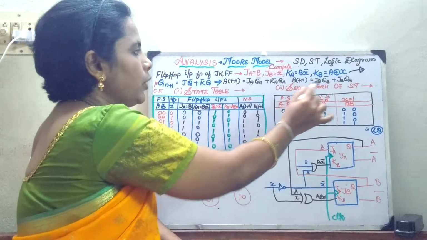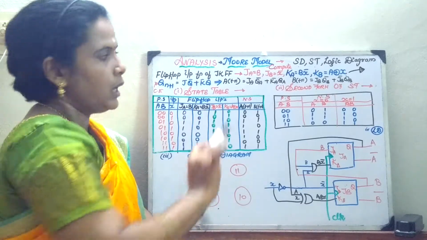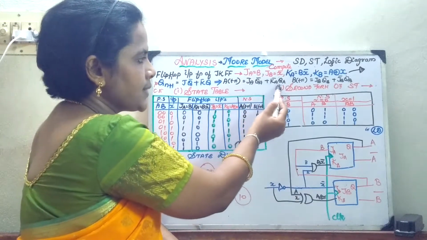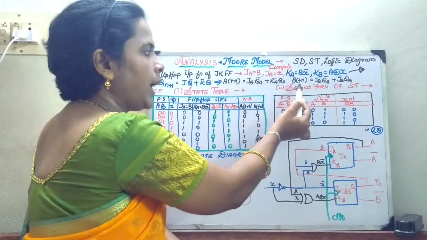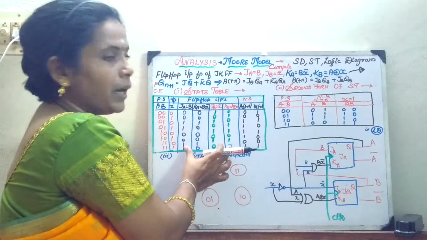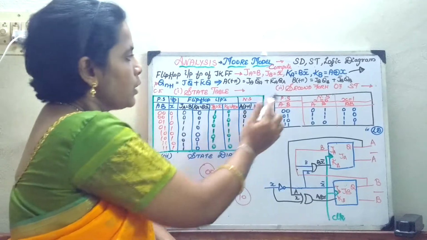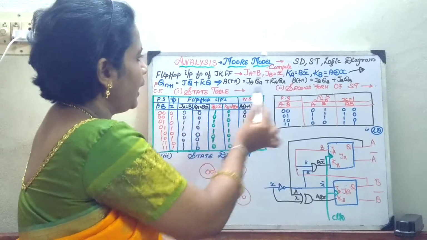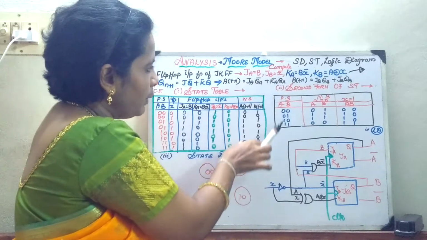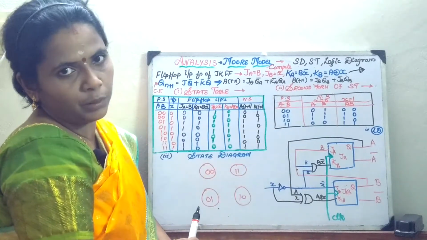So write your expressions and keep them ready. This is the next state equation, that is A of t plus 1 and B of t plus 1. For this only we have written this part extra. Now knowing my JA, KA, JB and KB, I will be computing this table.